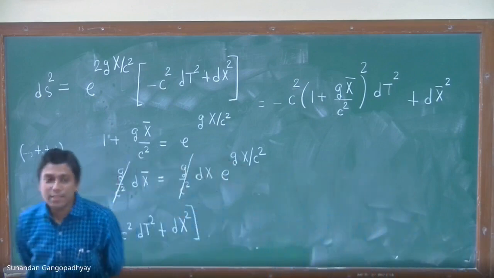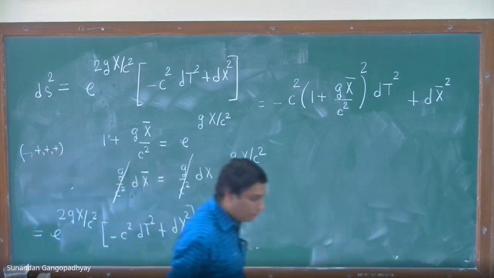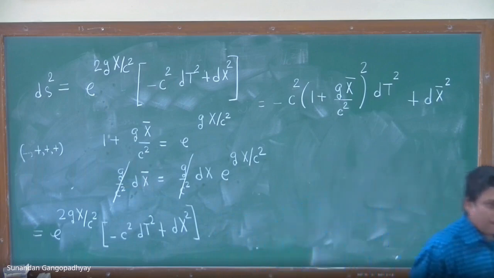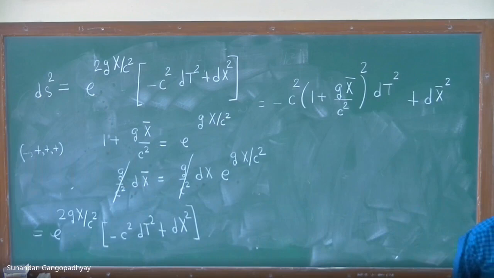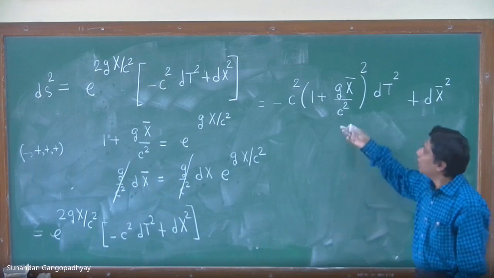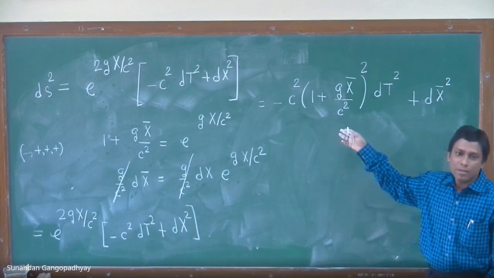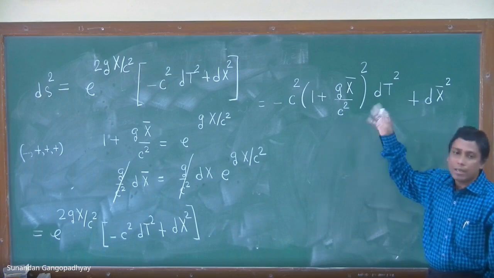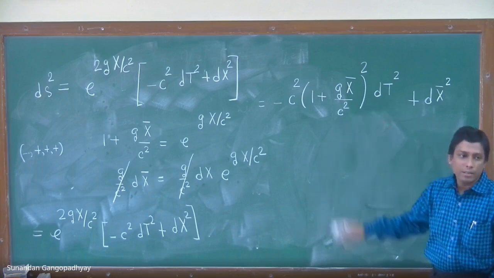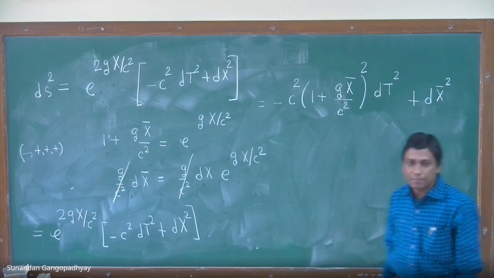But why is this result so important? That you should be able to say. Somehow it is correct. This is a good point that Shabu is mentioning. You can already see that your metric is not flat. If you calculate the curvature, you will get a curvature here. It's a curved space-time.